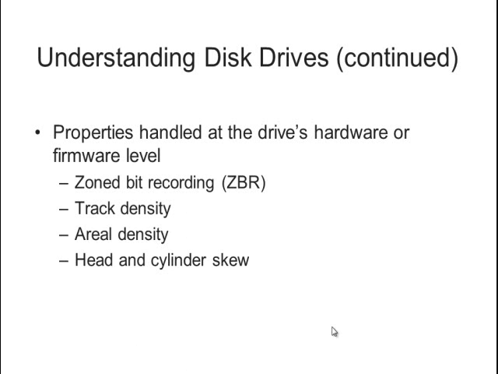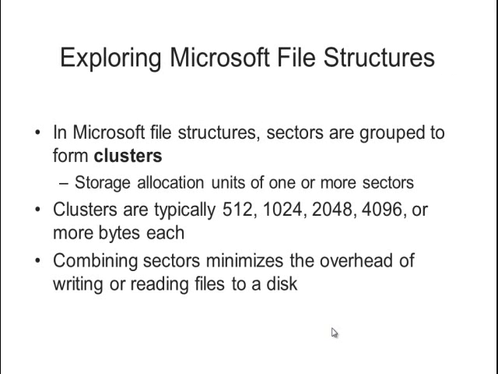Some of the properties handled at the drive's hardware or firmware level include zone bit recording, or ZBR, track density, area density, head and cylinder skew. In Microsoft's file structures, sectors are grouped to form clusters, which are storage allocation units of one or more sectors.